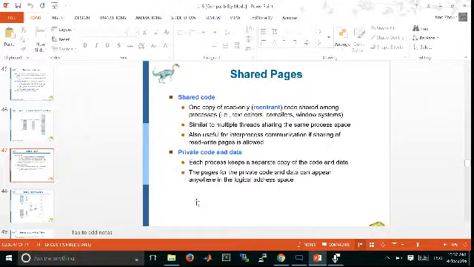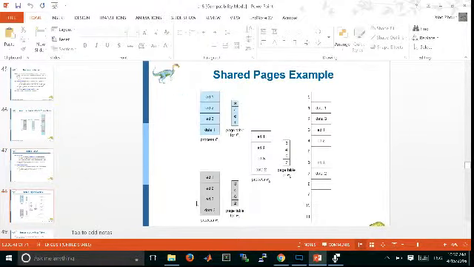But the point is, if you have some frames you'd like to share between two different address spaces, you can do that by putting pointers to those frames into two different page tables. Or in this case, three different page tables. You can have some of these pages, but not all of them.